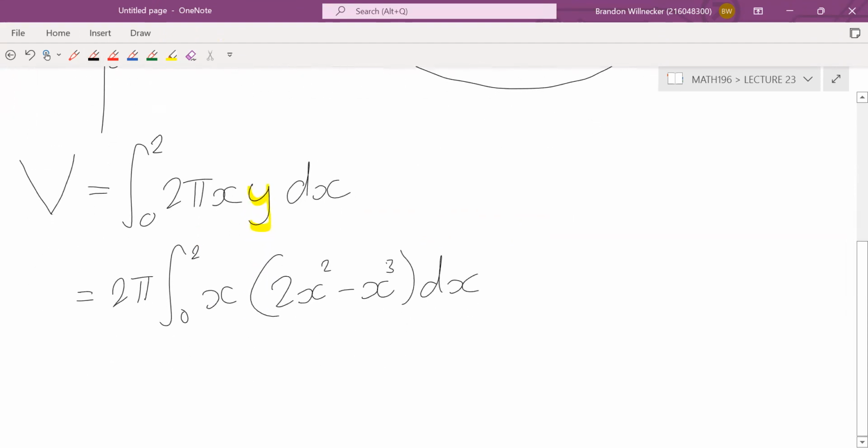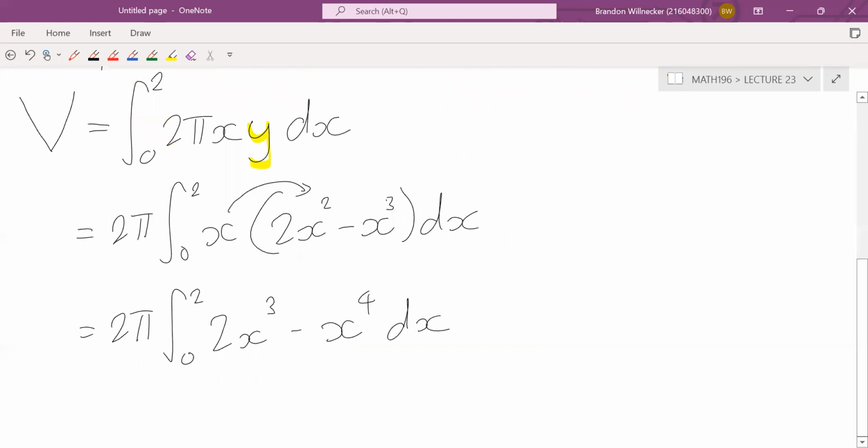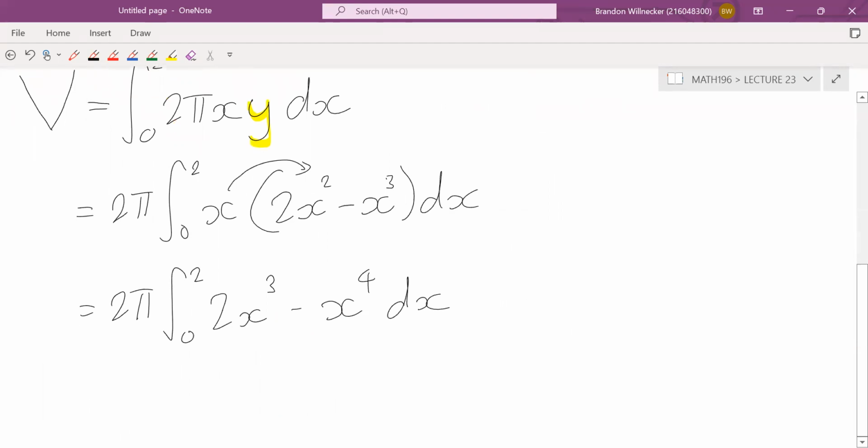Okay, so let's multiply the x inside. So that's going to be 2 pi, the integral from 0 to 2, 2x cubed minus x to the 4. Okay, so now this is just a polynomial, very easy to integrate. This is going to be 2 pi. We add 1 to the exponent to make it 4, divide by that, so that gives us 1/2 x to the 4 minus 1/5 x to the 5 from 0 to 2.